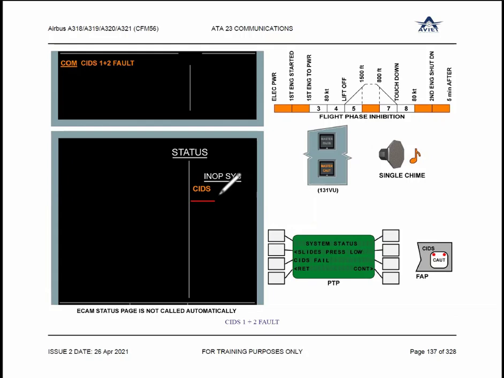You will get master caution, you will get a chime, you will get the FAP caution light, and on the ground you can see messages on the programming and test panel. SIDS fail is on the system status area.